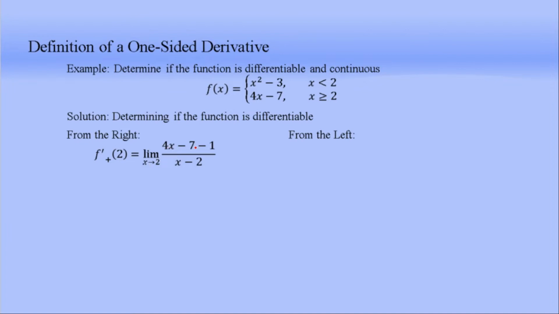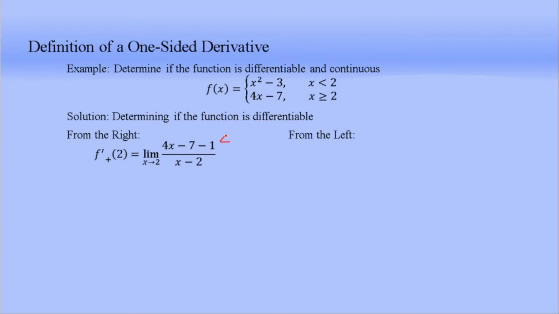So we substitute the function for f of x, as the condition states that x is greater than or equal to 2, so on the right we use the second function here. The negative 1, how would we find the f of 1? So we just substitute x with 2.